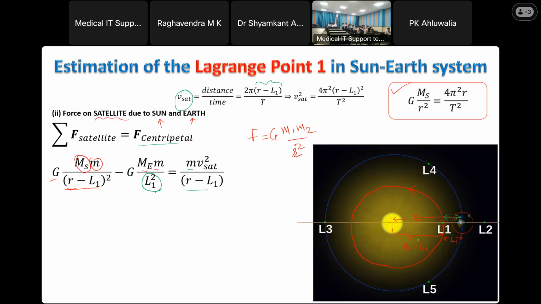So I'm talking about this R minus L1 orbit divided by period. So v_sat square will be 4 pi square (R minus L1) square divided by T square. So in the next step, I'm going to replace this v_sat.